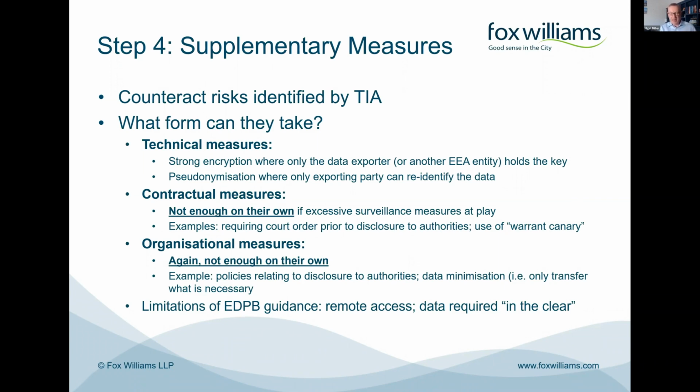And the EDPB conclude that that's not an effective technical measure where the recipient in the US, for example, has access to the data in clear form. So in such cases, it will probably be necessary to do what you can in terms of technical measures, encryption in transit, for example, but also to layer on additional contractual and organizational measures.